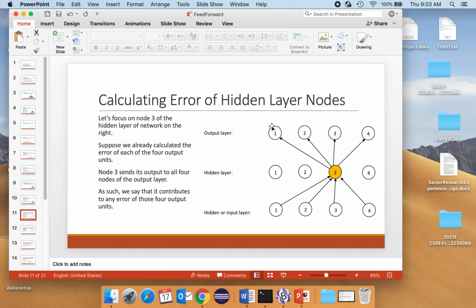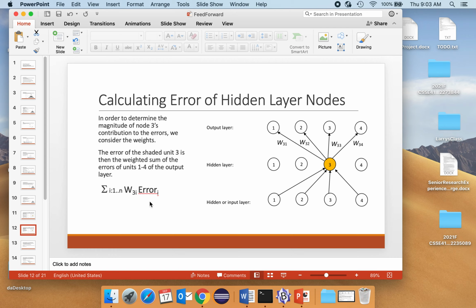Suppose we already calculated the error at the output layer for these four units. Now we also know that in this particular example, unit 3 sends its output to these 4 units. Again, I left out all the other connections. And so undoubtedly this node contributes to each of these units' errors. So that's what we need to ascertain.